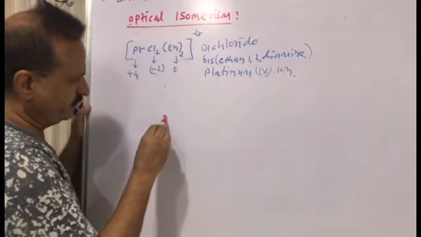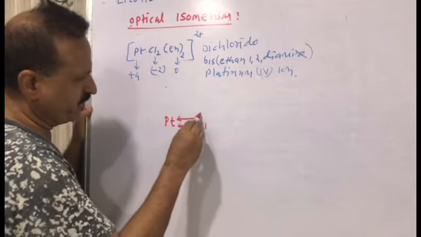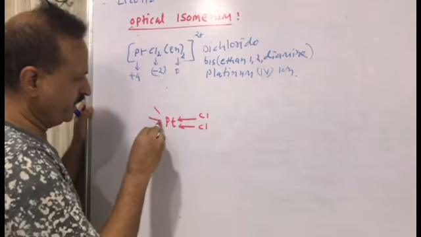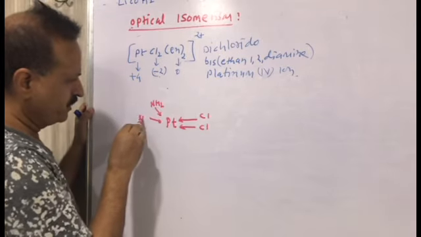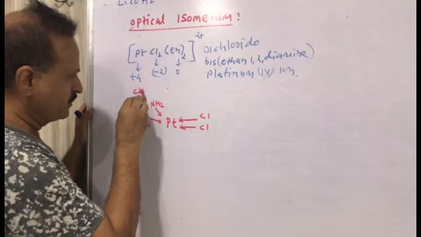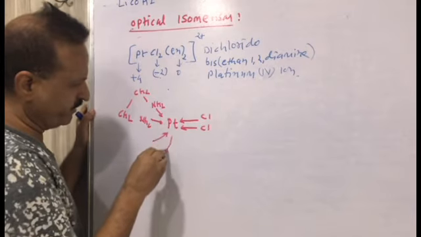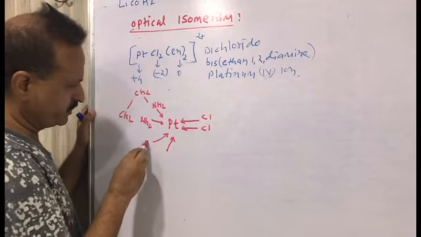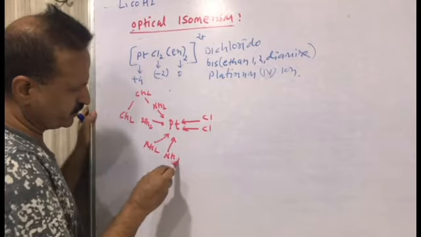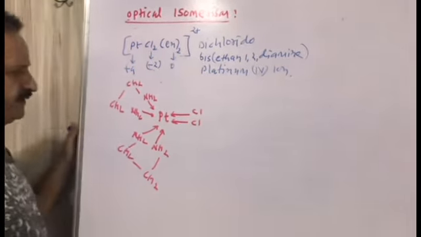Platinum, dichlorido. I am drawing dichlorido, one ethane-1,2-diamine with NH2, CH2, and another ethane-1,2-diamine with NH2, CH2. Completed.